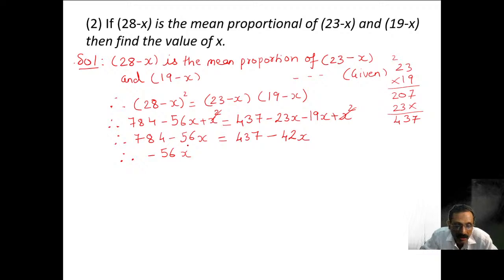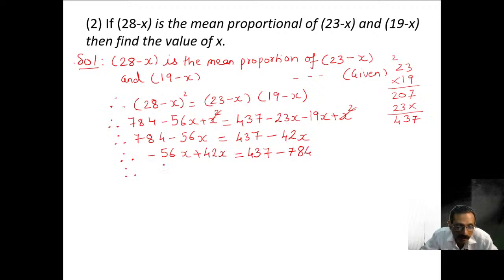Minus goes there, it becomes positive 42x, which is equal to, what we have on the right hand side, we have 437. This, we have to get it here. So this is plus 784. When I get this side, it becomes minus 784.